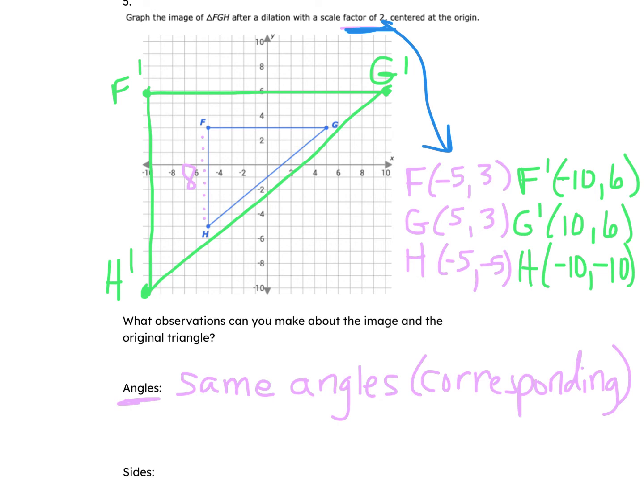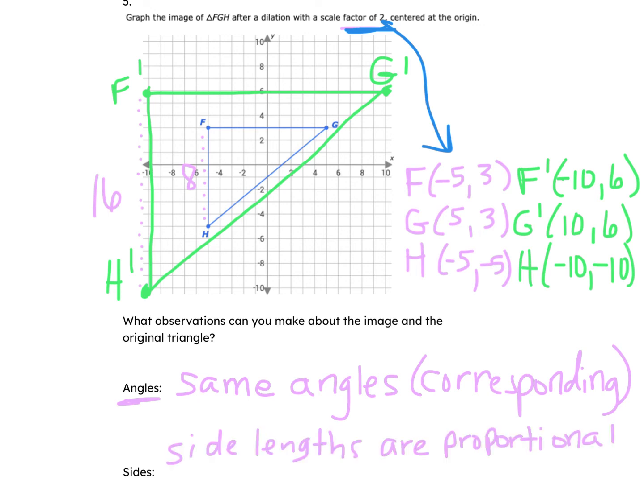So looking from F to H, that is 8 units tall. So this one should be 16 if it's double the size. 1, 2, 3, 4, 5, 6, 7, 8, 9, 10, 11, 12, 13, 14, 15, 16. So we would say our sides are proportional. Or we could say the sides are double in size because of the scale factor.